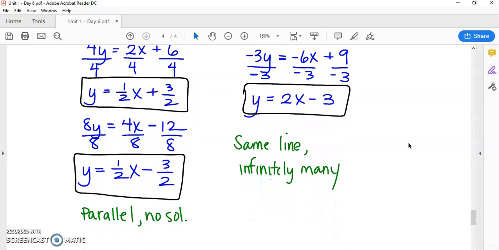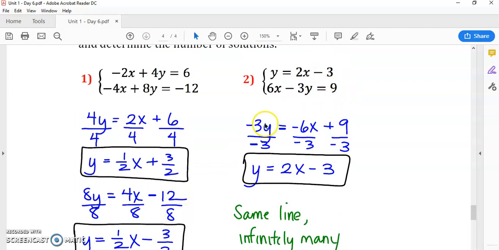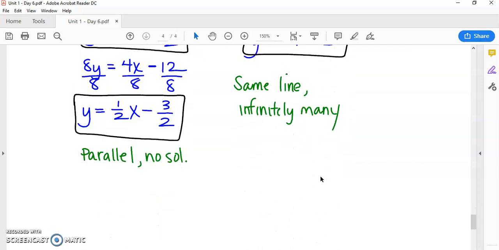Once you have your equations in slope-intercept form, you could say, okay, I'm seeing the slopes are the same, y-intercepts are different, therefore those are parallel. Or over here, if I rearrange this second equation, I'm seeing slopes are the same, but so is the y-intercept. Therefore, these are coinciding. There are infinitely many solutions. So that's how we would do it without using technology.